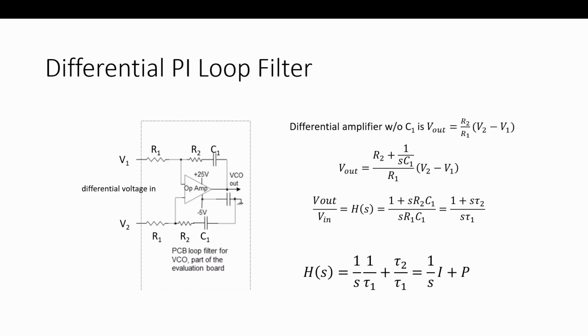And then here's the op amp that's actually on the eval board as a differential op amp, and if you follow the circuit equations for an op amp, which we don't have to do here, what I want you to see is we're going to get this transfer function of 1 plus S tau 2 over S tau 1.